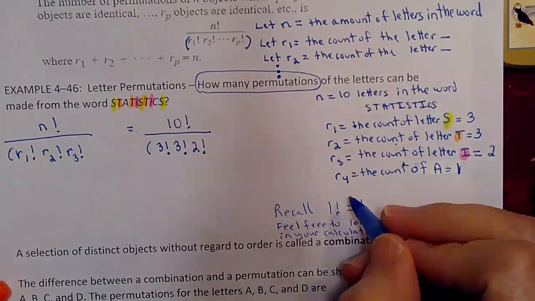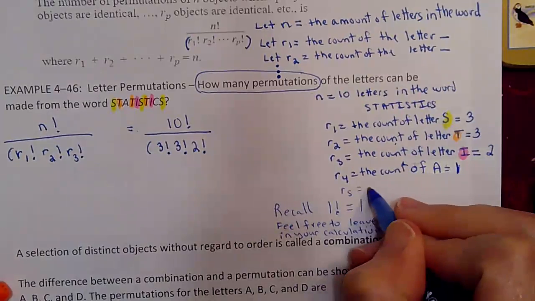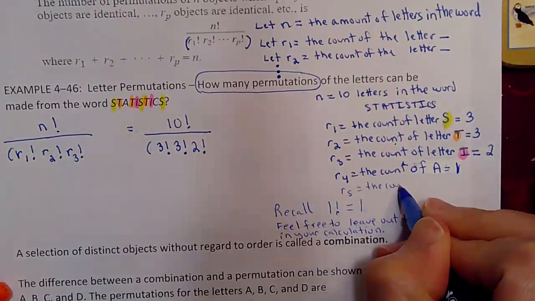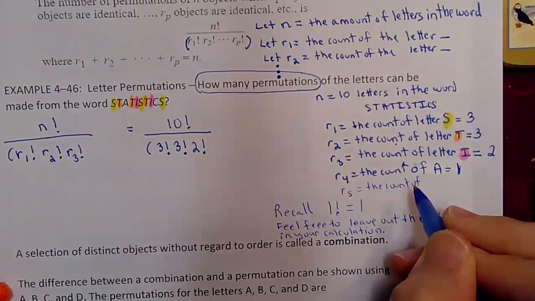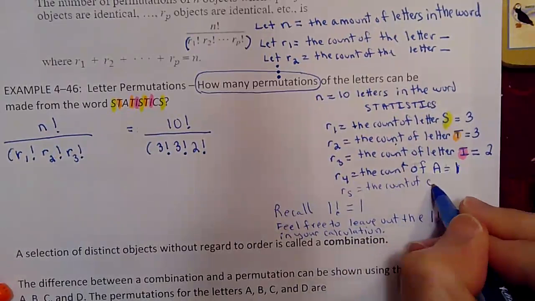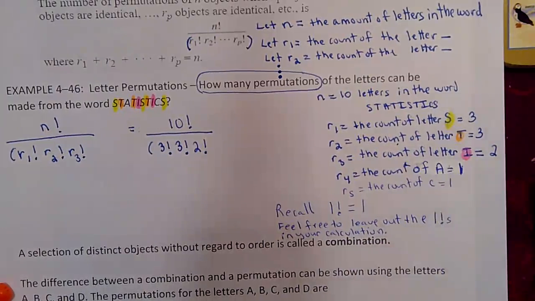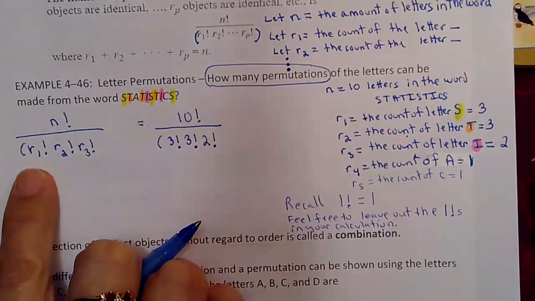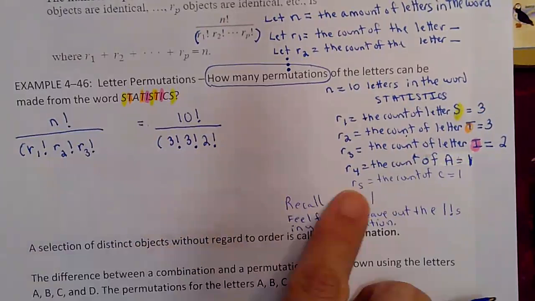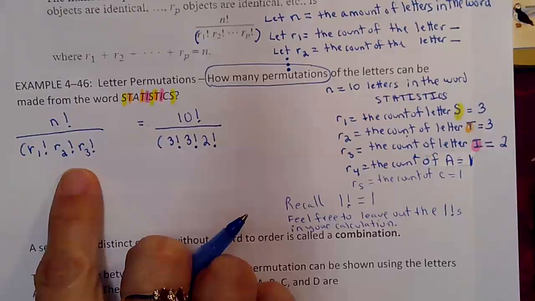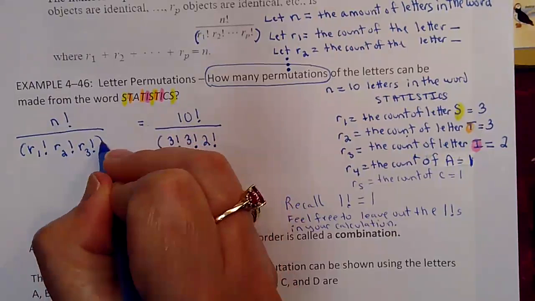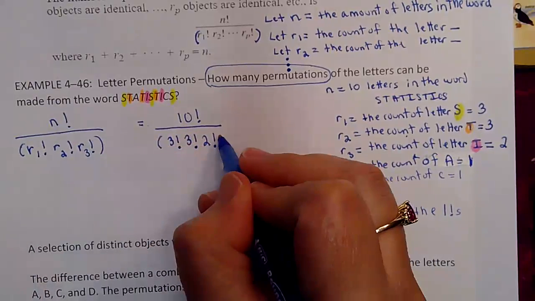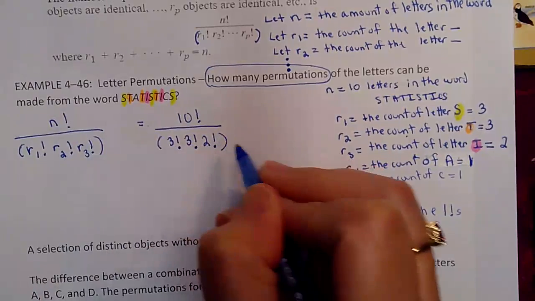And it turns out that R5 is going to be the count of C, which is also 1. So it's also 1 factorial. So if you wanted to, because these are 1, you could leave it off, and I would be okay with that. And then you want to close it, okay?